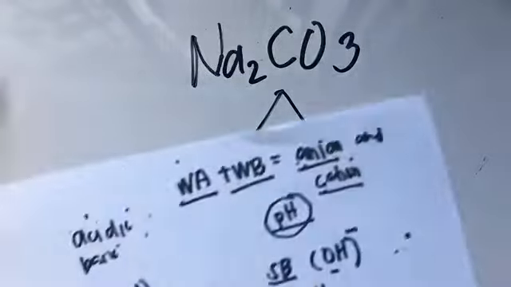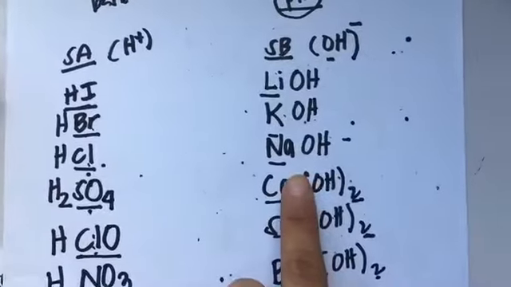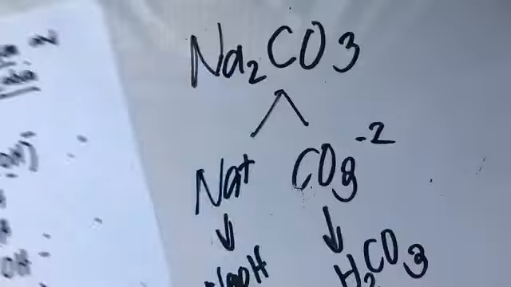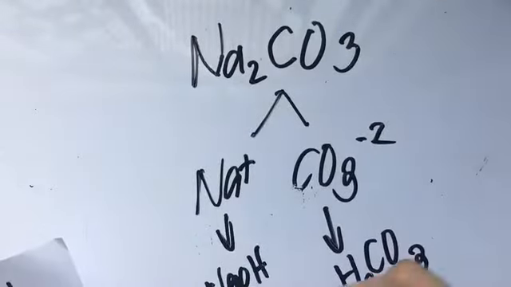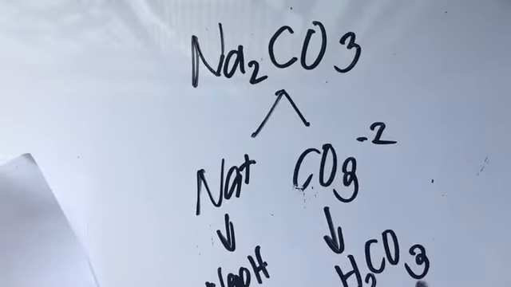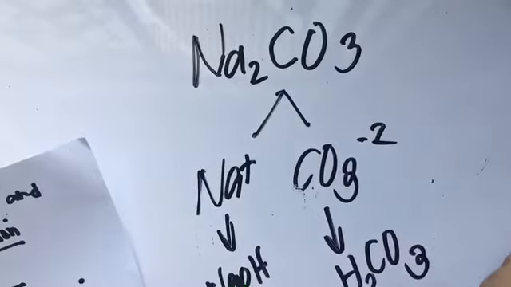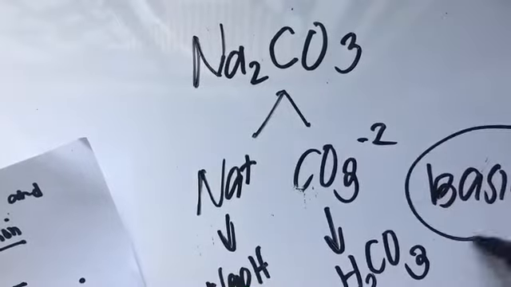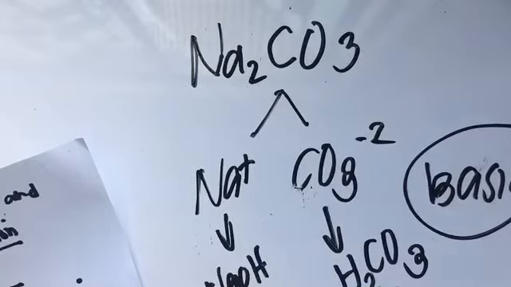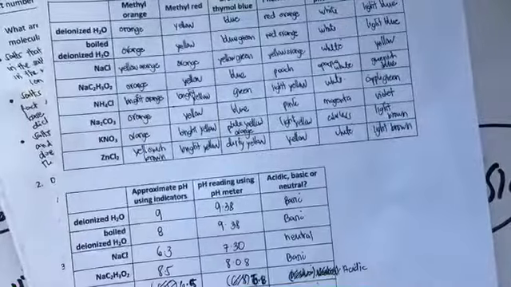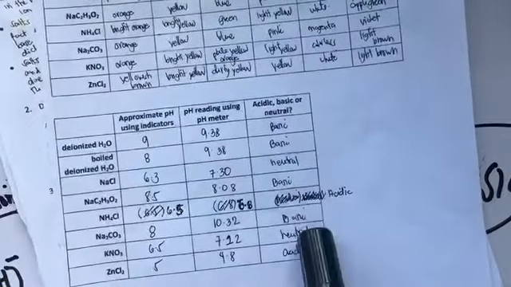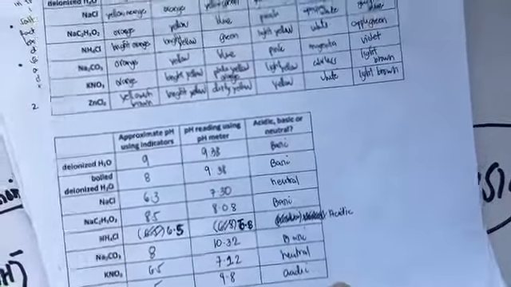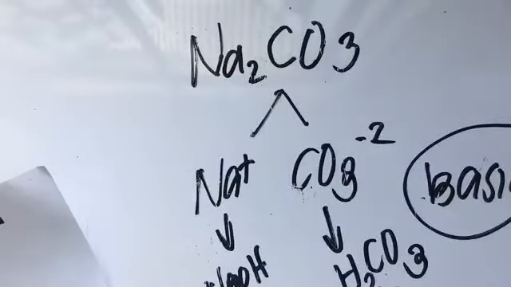So NaOH is one of our strong bases, and carbonic acid is not one of our strong acids, so this is a weak acid. So the salt solution will be basic. And yeah, basic yung salt solution niya, according to the reading ng pH meter.